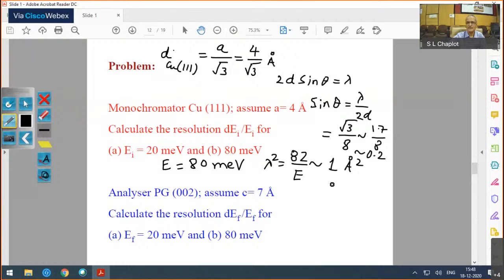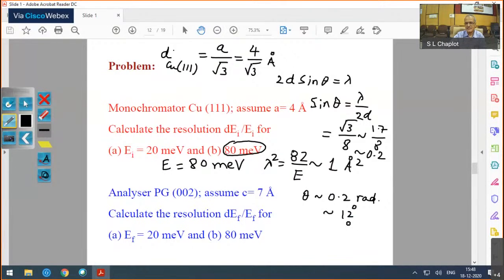And sine theta of 0.2 is about 0.2 radian. So theta is roughly 0.2 radian, or about 12 degrees. So for this particular crystal, to choose a neutron energy of 80 millielectron volts, my Bragg angle would be as little as 12 degrees.